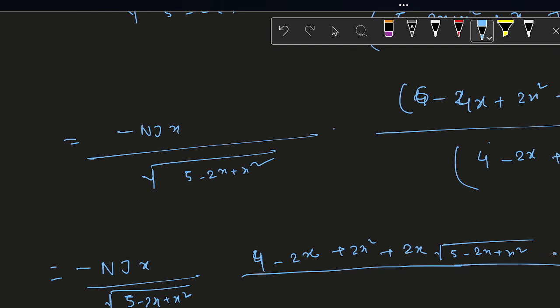What is the remaining term is plus 2 minus 2x, because 4 plus 2 is 6 and minus 2 minus 2 is minus 4, and then you have 2x is gone, so it is just minus 2 root over 5 minus 2x plus x squared.